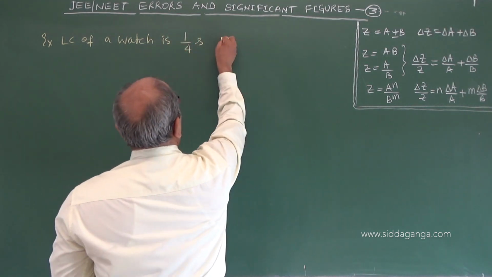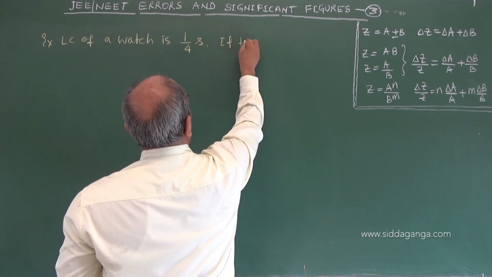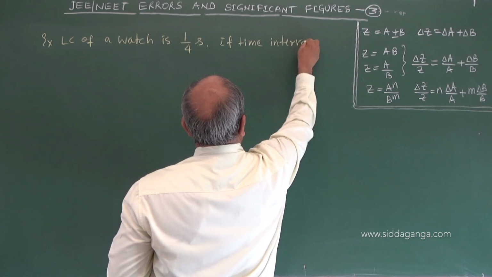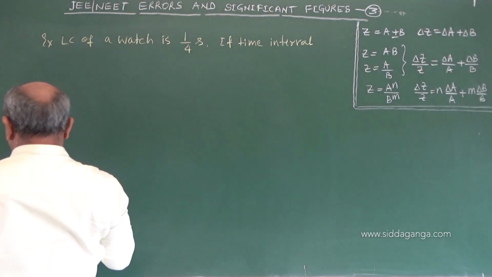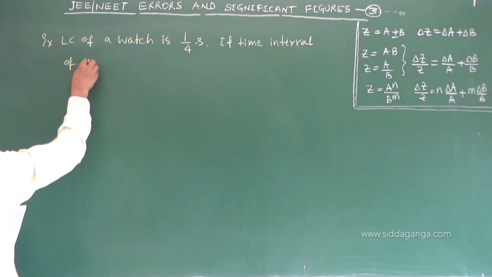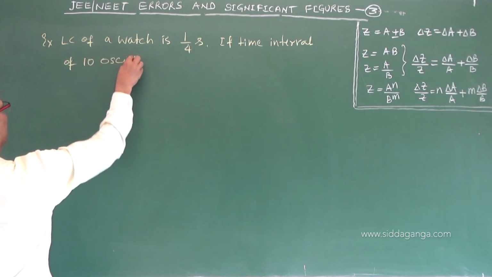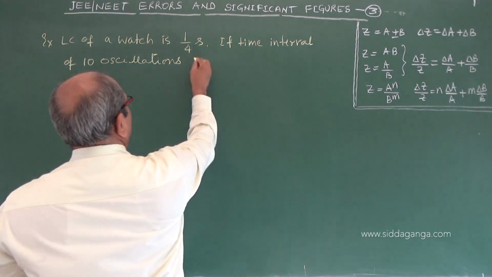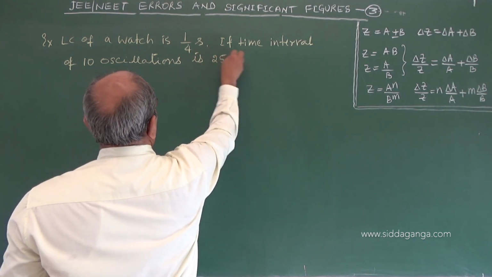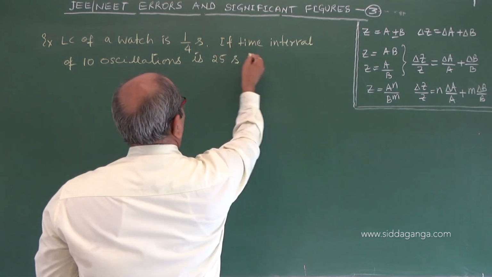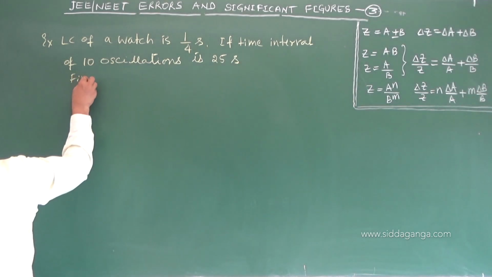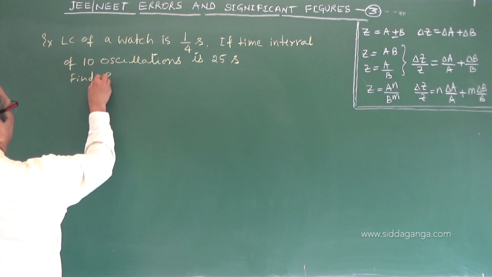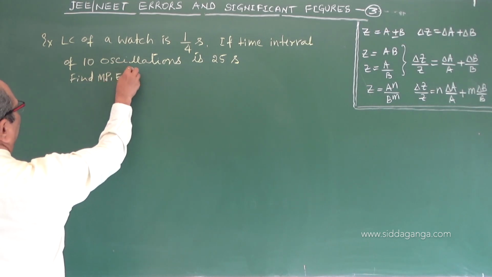If the time interval of 10 oscillations is 25 seconds, find the most possible error.